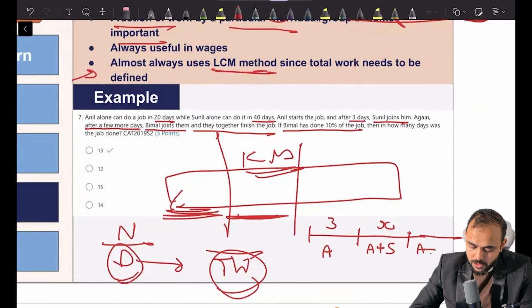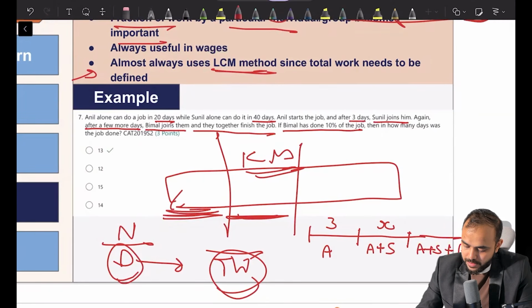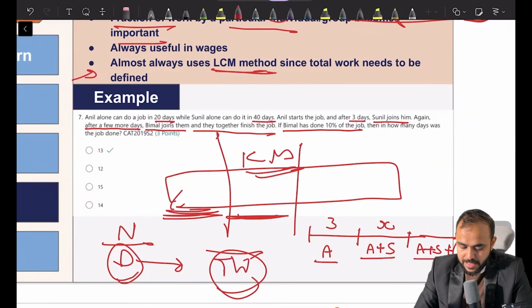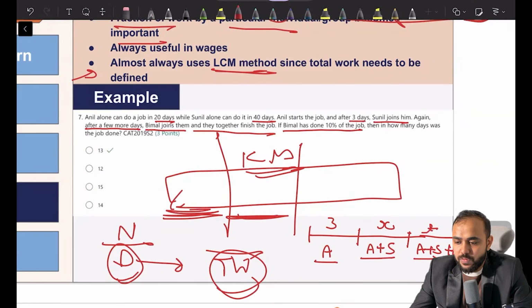Afterwards, Anil plus Sunil plus Bimal, they are all working. Now, they have given that Bimal has completed 10% of the job. Which means A, and A plus S, these multiplied with their corresponding durations have completed 90% of the job, which you can later use to solve.